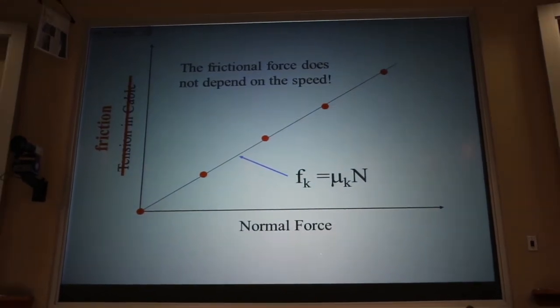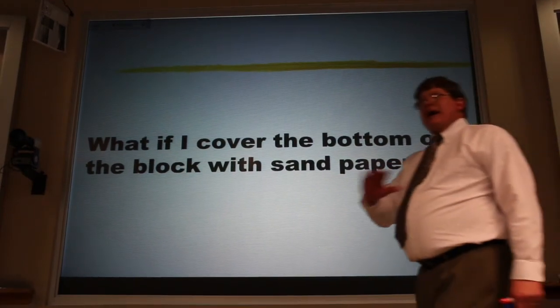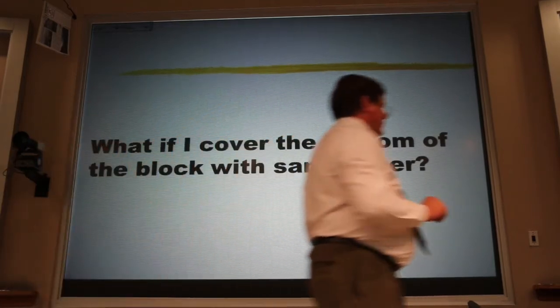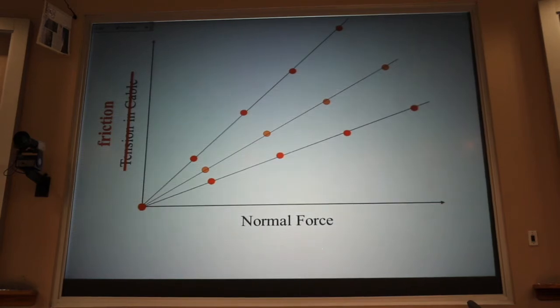Now, let's see what that means. If I were to cover the bottom of that sled with sandpaper and do this over again with the same 3 people, would my graph look like this or that? Would it go higher or lower?